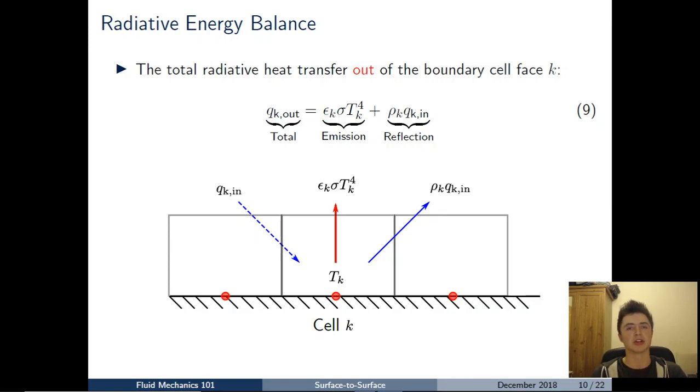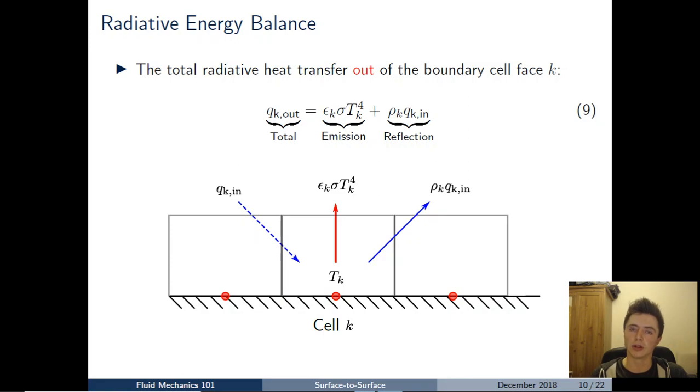And of course the emission is given by epsilon times the Stefan-Boltzmann constant times the fourth power of the temperature of that cell, and then the reflected energy is given by the reflectivity multiplied by the radiation that's incident upon that cell. And that's our radiative heat balance for our cell.